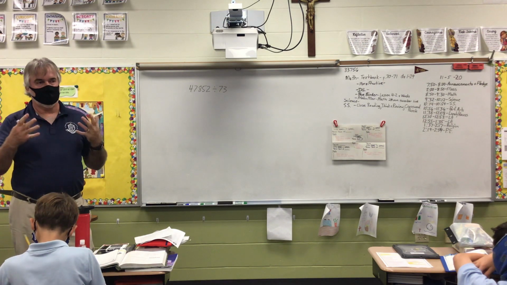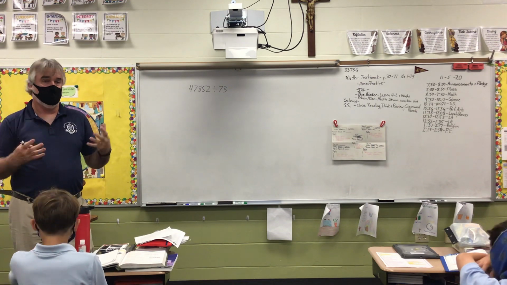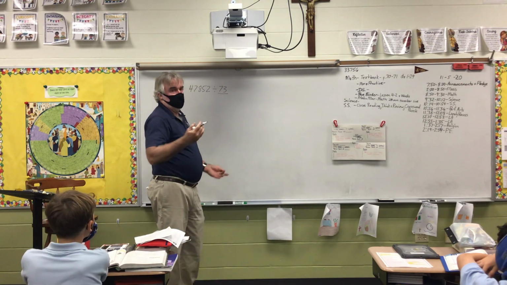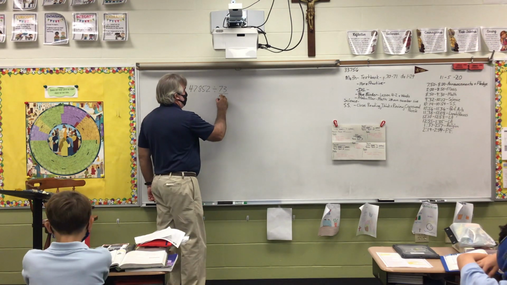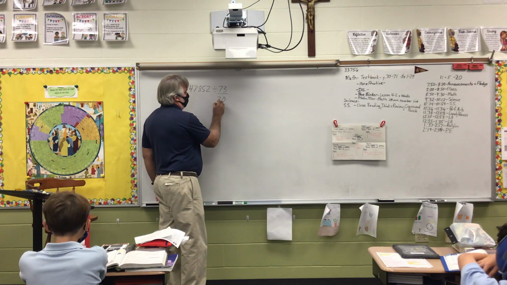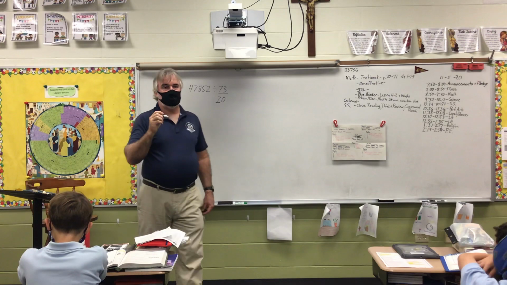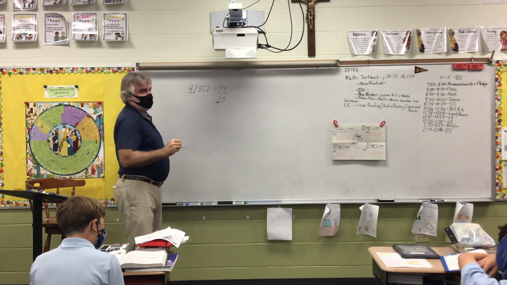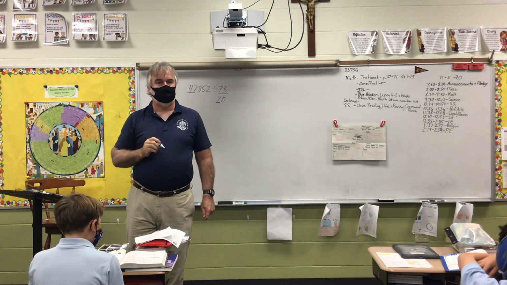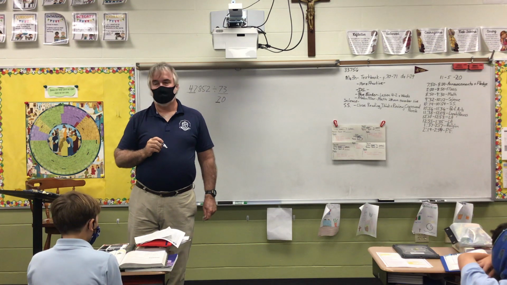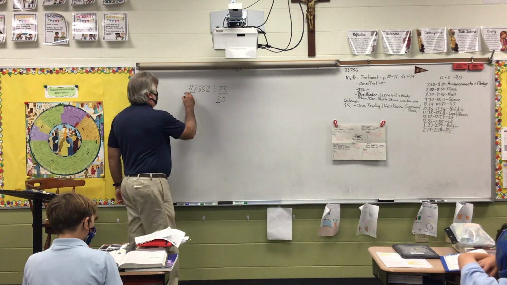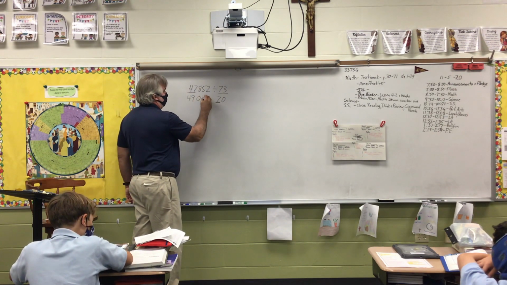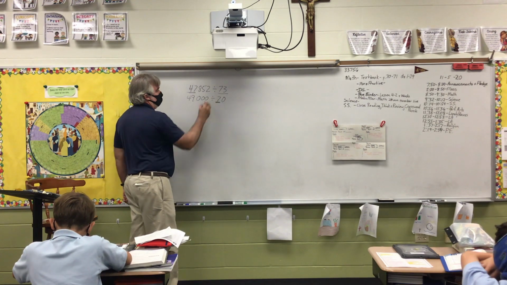There are a couple of different things that play in here that you have to watch for. One of the things you want to do is round this. What would it round to? 70. Okay, so now I've got a 7, and if I look over here, I've got a 47. 7 times 7 is 49. So if I do 49, and then these become zeros, you just add 2 zeros.